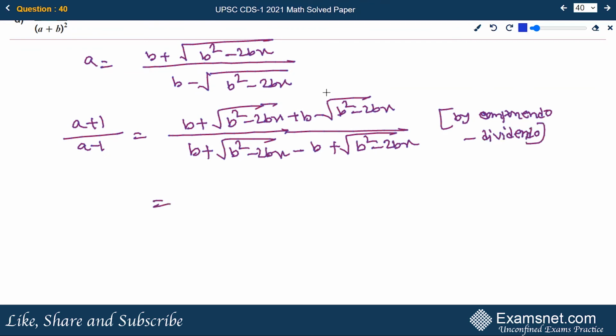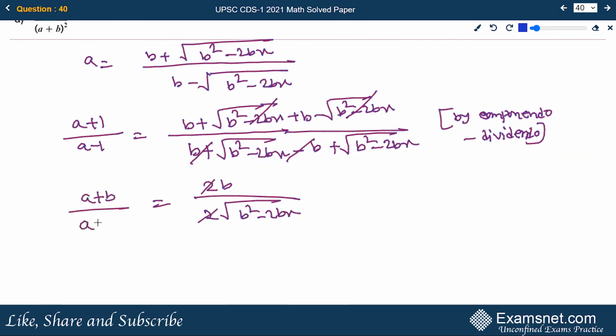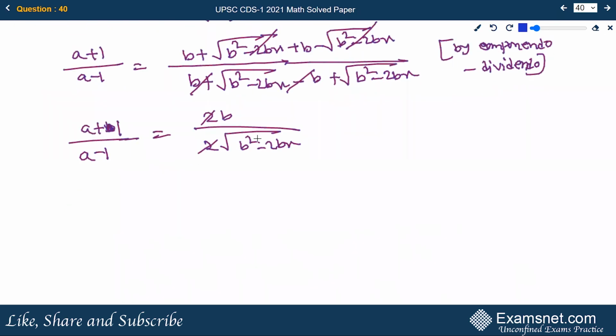Okay, so let's cancel out this 2. We'll get here 2b by 2 root under b square minus 2bx. Both 2 will get cancelled. We are left with a plus 1 by a minus 1 equals b by root under b square minus 2bx.